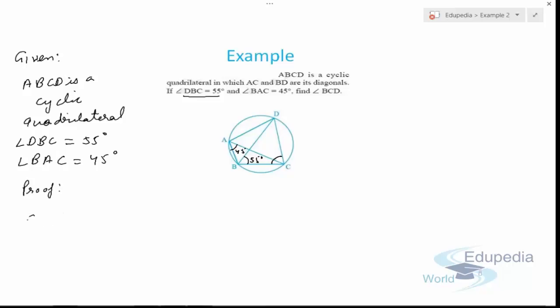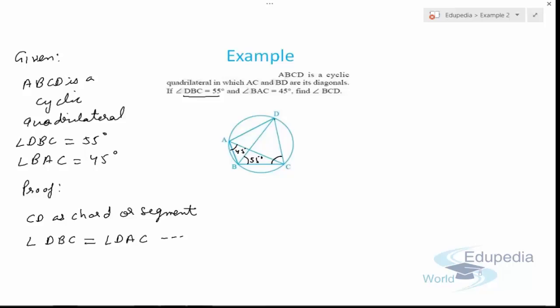If you consider CD as a chord or segment, then we can say that angle DBC equals angle DAC. Why?